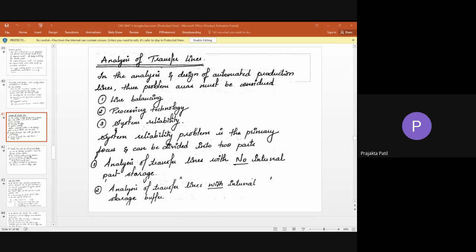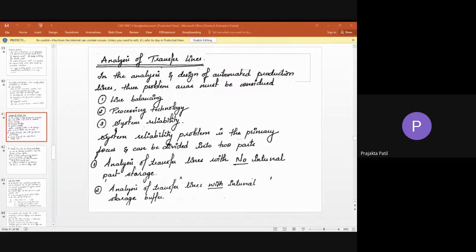We are going to analyze the transfer line with no internal part storage. What do I mean by internal part storage? It is nothing but a buffer storage station. We have already discussed the buffer storage station: it is a location in between different workstations. It can be between two stations or after a set of stations, like stages. If you have a storage buffer, there are so many problems we can prevent, basically the problems of blocking and starving of stations.